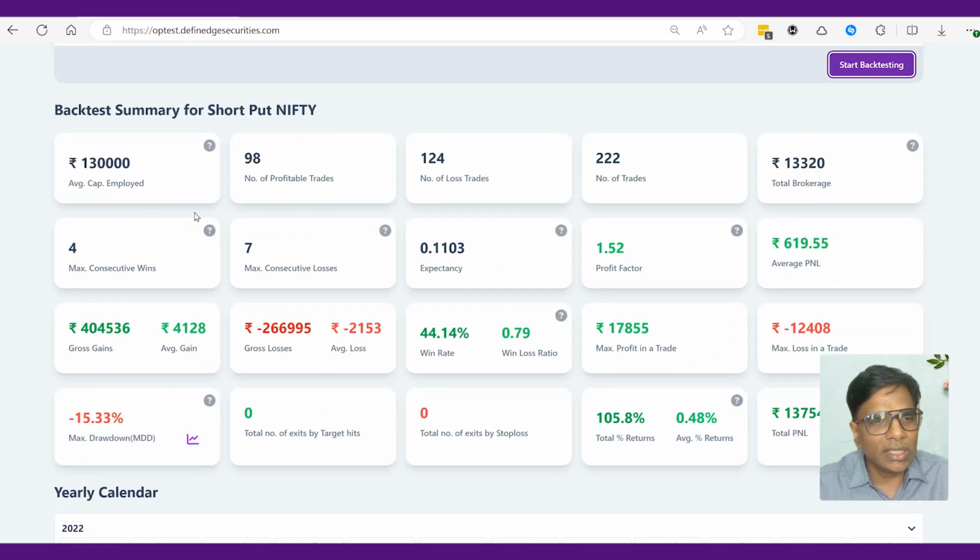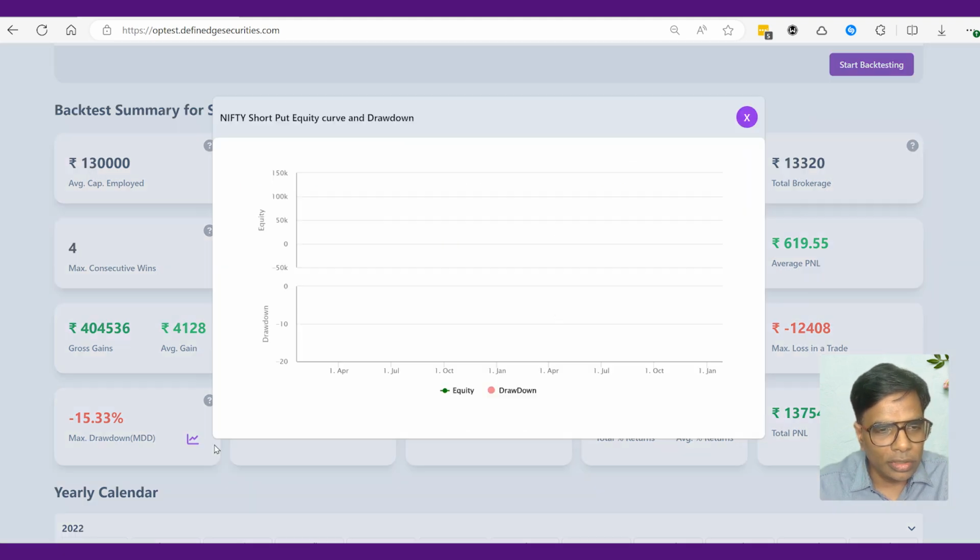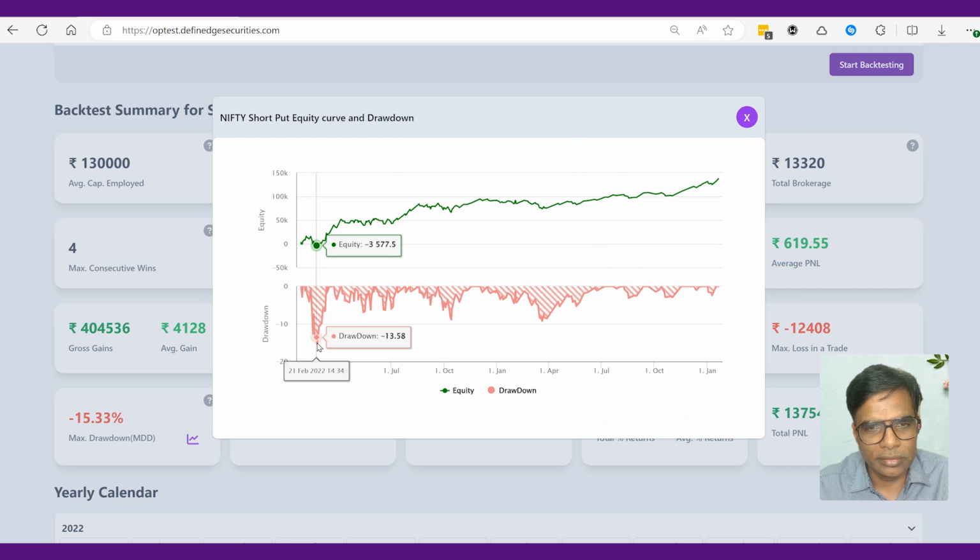Now here you can see the overall return in the case of long call is around 800%, right? Here it is 100% only. That is because the margin required is much higher. But the good thing is here your expectancy is positive, 0.1103, and your drawdown is also less, it's only 15%.